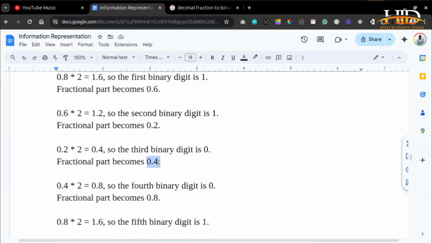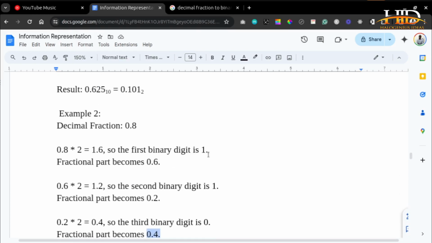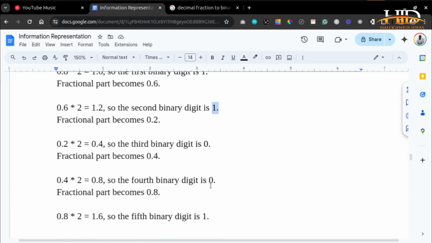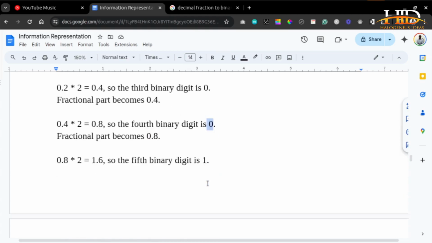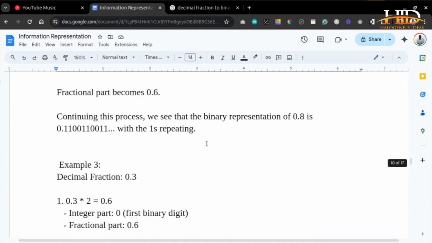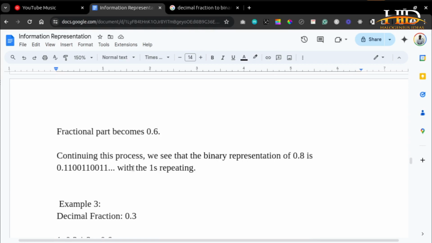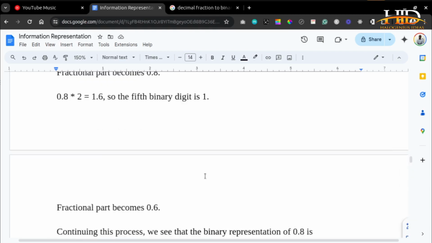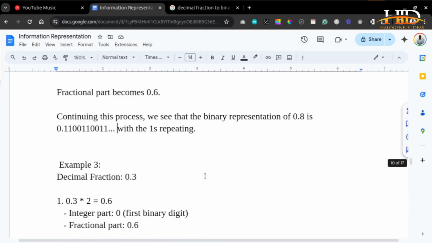So your response, your output is going to be 0.110001, then whatsoever other result you are getting. So you can see 0.1100110011 and it continues like that. So that is for the second example.